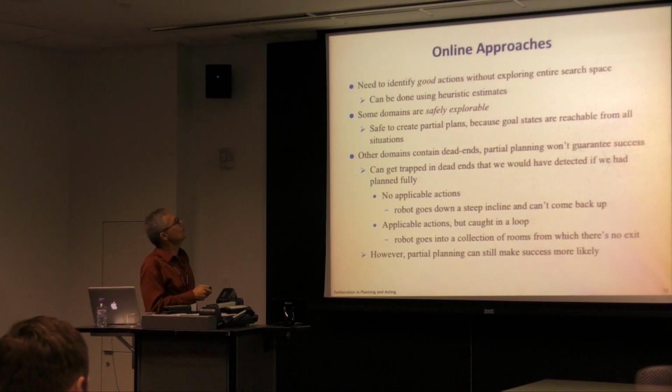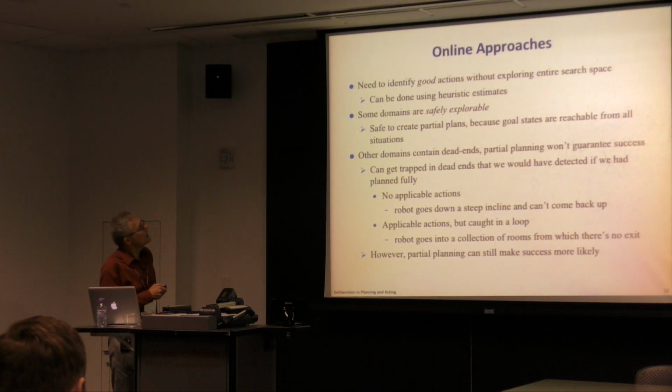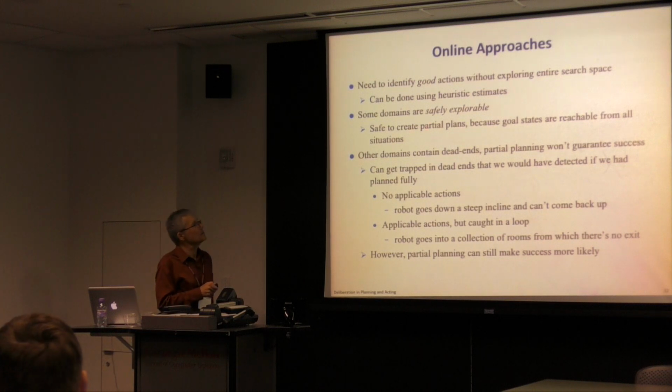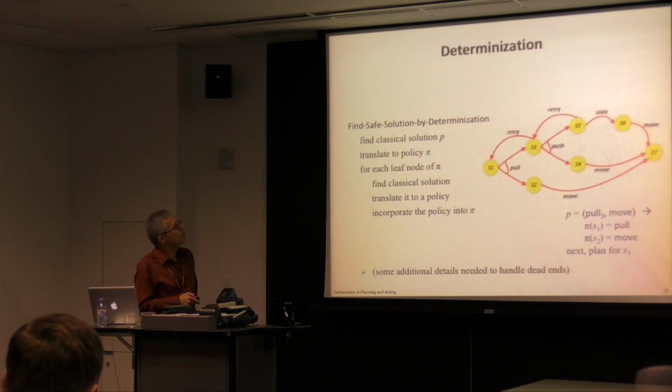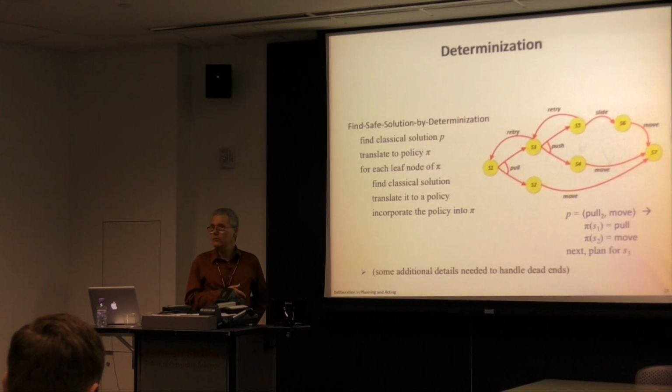So we need to identify good actions without exploring the entire search space. Well, we can use heuristic estimates. In some cases, we have domains that are safely explorable. What that means is that it is safe to create a partial plan, because no matter where we are in the domain, the goal state is reachable. So going back to here, this is a safely explorable domain. There's no dead ends. All right? No matter what state you're in, there exists a path to the goal.